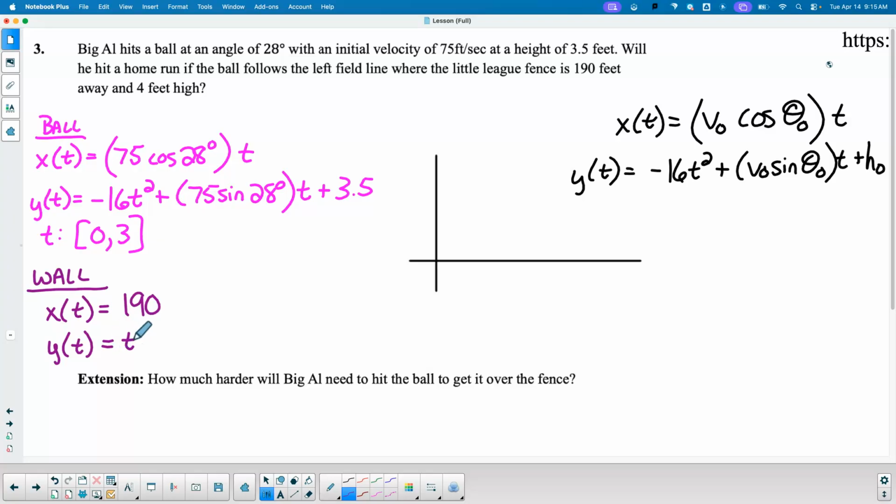If I call that t, then my t values are going to go from 0 to 4. And here in this case, when you're building a wall or some kind of barrier in your parametric equation, your t is not time. Your t is feet, how high you want that structure to be.